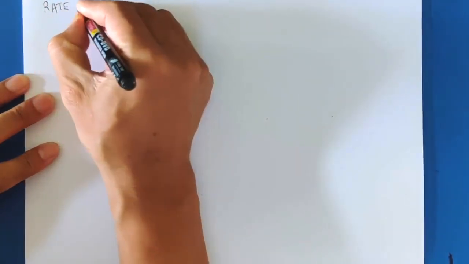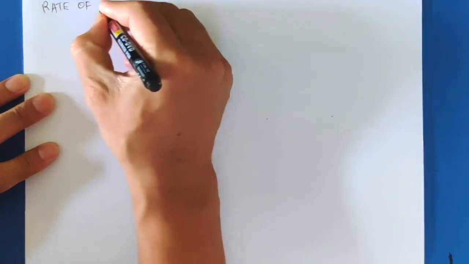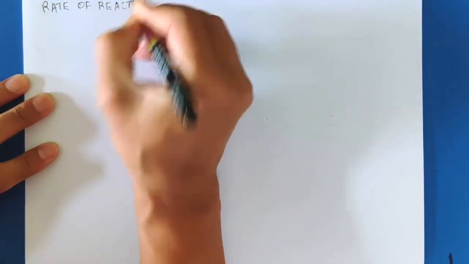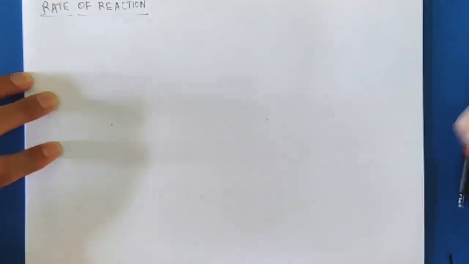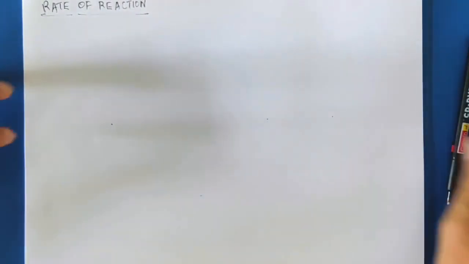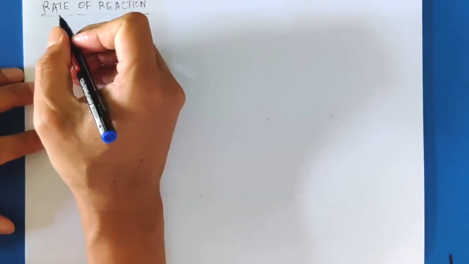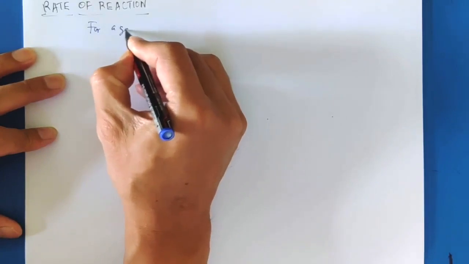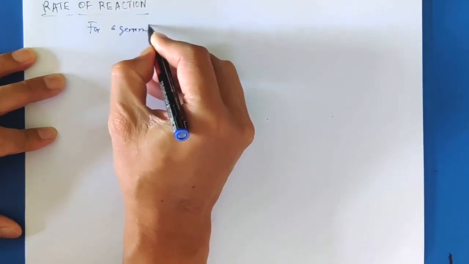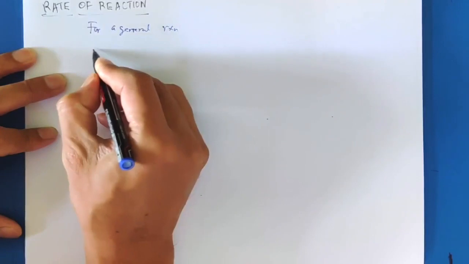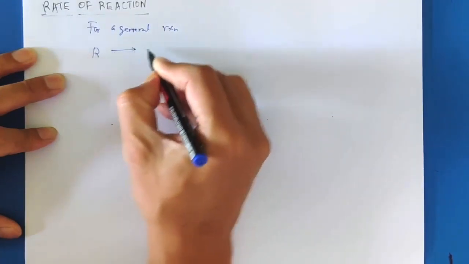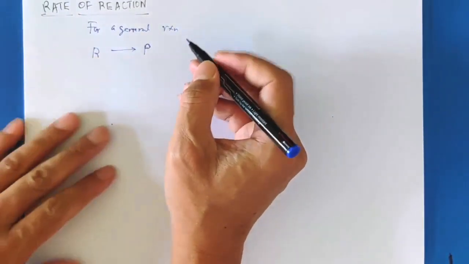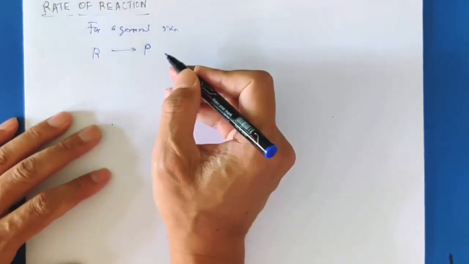Rate of reactions. See, for a general reaction, reactants produce products. R for reactants, P for products.